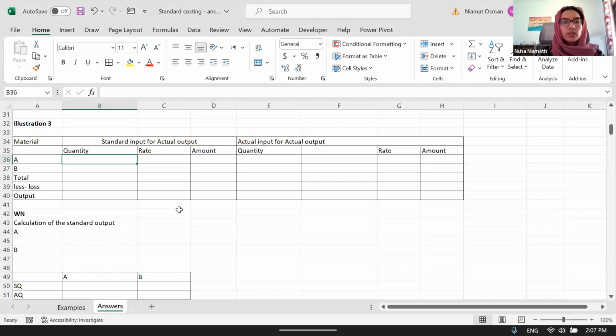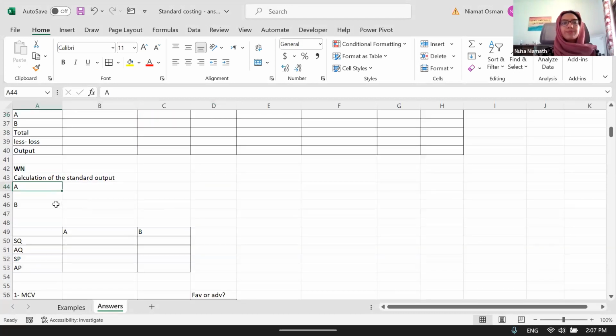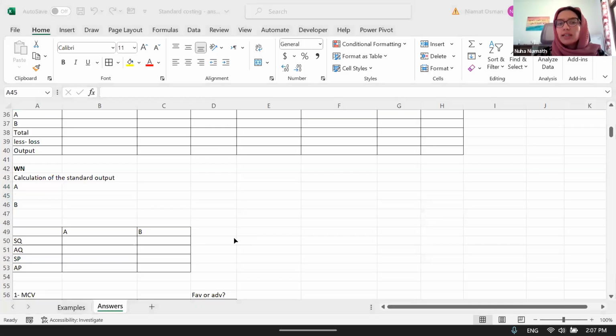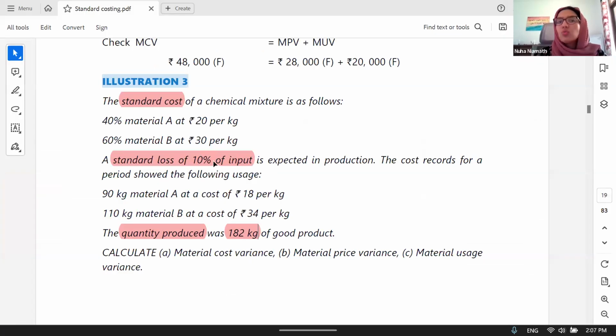So how do we calculate that? Let's look at it. We have 182 kgs, correct? What we are saying is that for the input, you would have lost 10%, right? So your input x minus 10% of that x would give you 182 kg, correct?